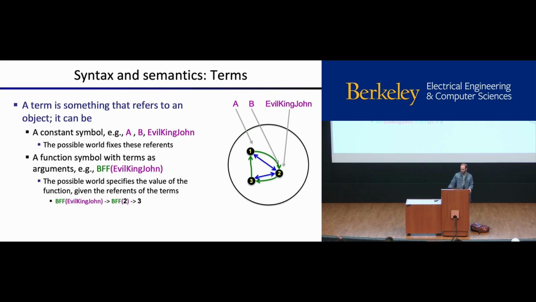So that expression refers to object 3. And the third kind of term is a logical variable, like x. We'll get to that more later, but if you remember from before, when we said "for all t alive at time t," t is an example of a variable.